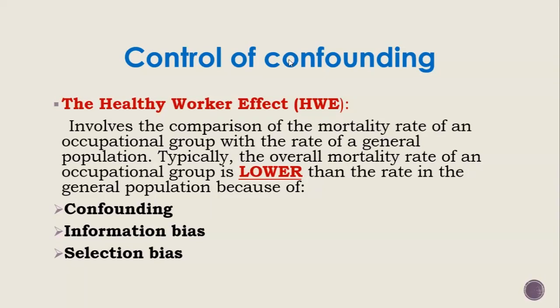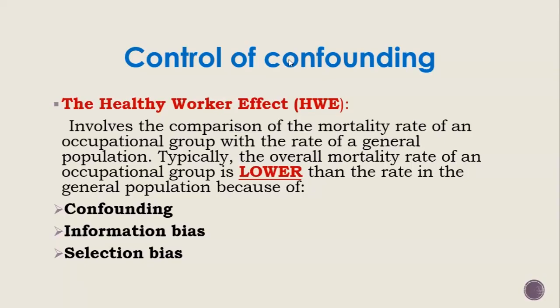And this is so because of three main factors. One is confounding, the other is information bias, and the third is selection bias. So when we talk about the healthy worker effect, we're not talking about morbidity. We're talking about mortality rate.